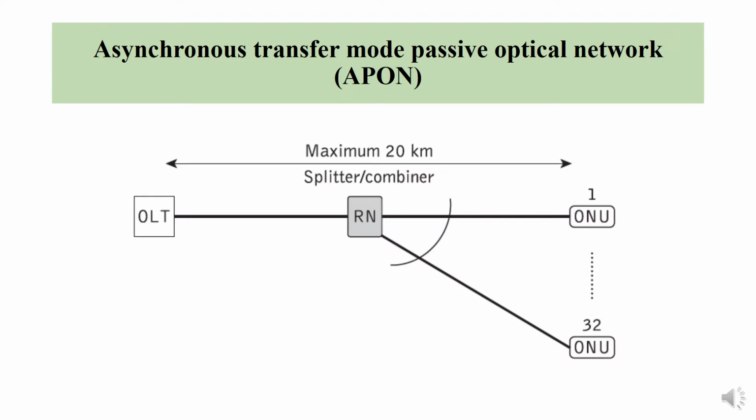APON means asynchronous transfer mode over PON, a strategy that facilitates the transmission of voice or data communication, and this combines the capacity for multiple services at ATM bit rates with transparent transmission of PON.